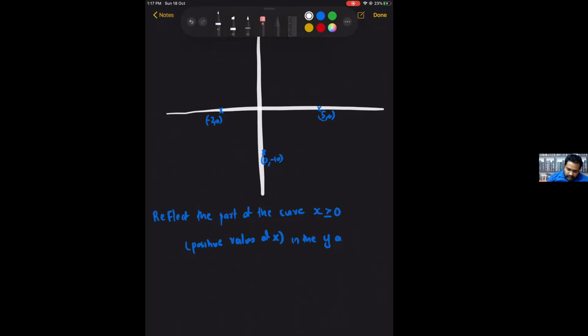Okay. So this is the positive aspect of the graph. Then you reflect the positive aspect of the graph.